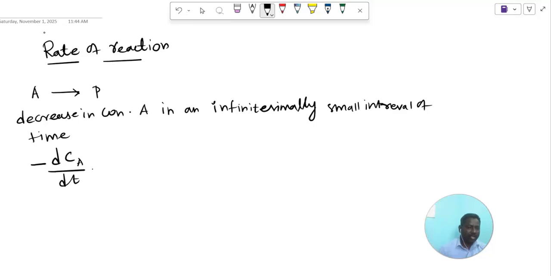So decrease is indicated with the negative sign. Decrease in concentration of reactant with time is nothing but rate of the reaction.